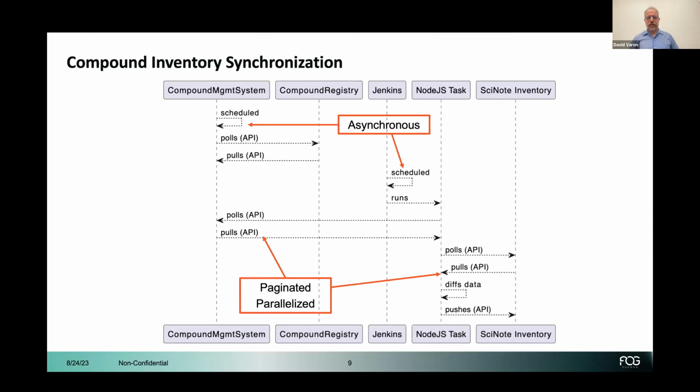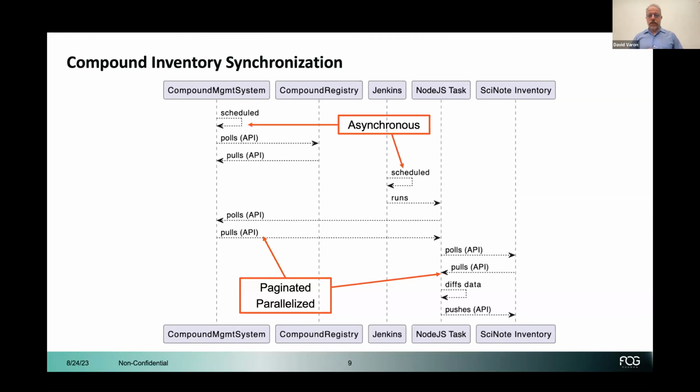The compound registry at the time of this implementation did not have a versatile public API, so that integration between compound management and compound registry was, I wouldn't say native or direct, but it was tantamount to that.